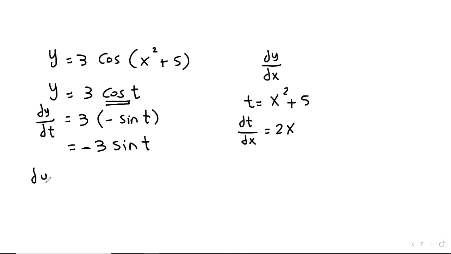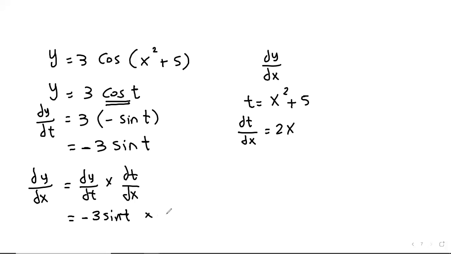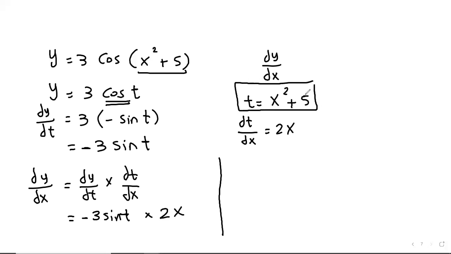So dy over dx is equal to dy over dt multiplied by dt over dx. And dy over dt is equal to negative 3 sine t multiplied by dt over dx, which is 2x. Instead of t, we write the original function x squared plus 5, as we assumed that t is equal to x squared plus 5.